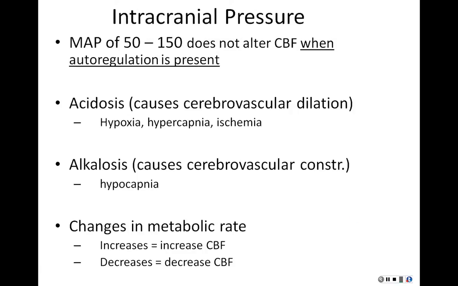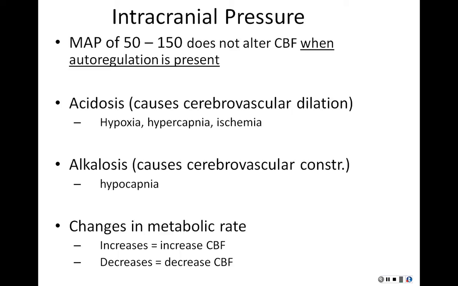A MAP of 50 to 150 doesn't alter the perfusion when everything's normal, when autoregulation is present, when the body's maintaining its own homeostasis. But when we have any problems coming up, we get short of oxygen, or too much ischemia, or CO2 being retained, then guess what?